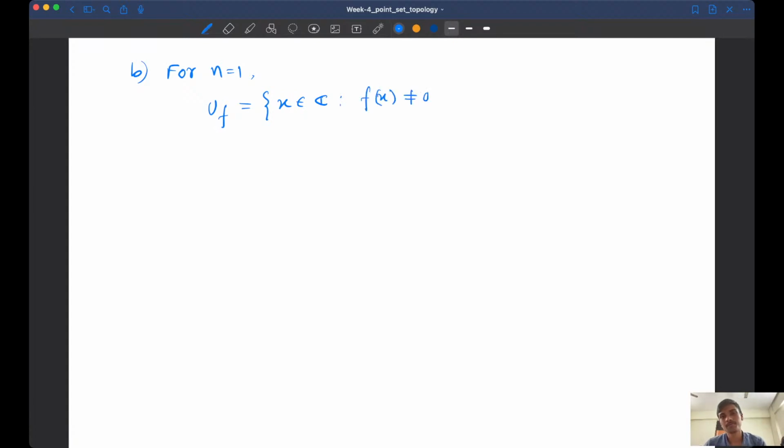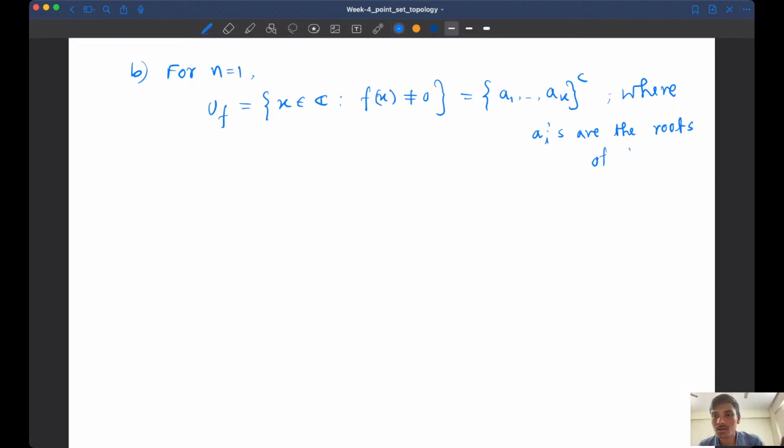So this is the complement of a1 through ak, where the ai's are the roots of f.